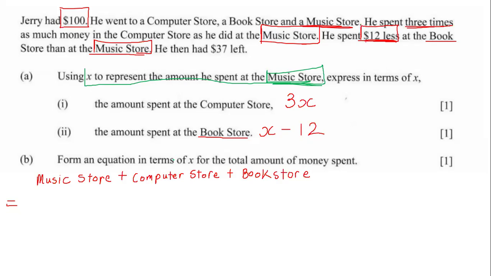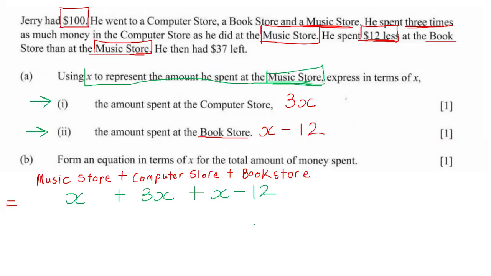So the music store is X, plus the computer store, which is 3X, and the bookstore is X minus 12.